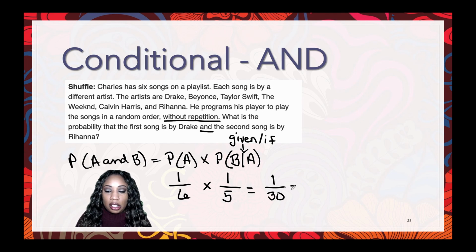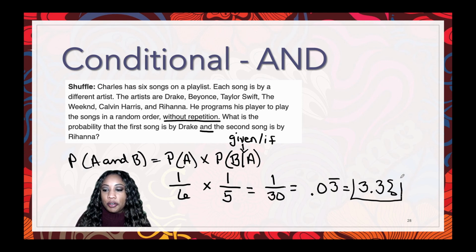Or we can simplify that by doing 1 divided by 30, 0.03. We move the decimal over twice to get 3.3%. So I went through those because depending on your multiple choice selection, they can ask for the fraction, the decimal, or the percent. So you need to know how to go between those 3.